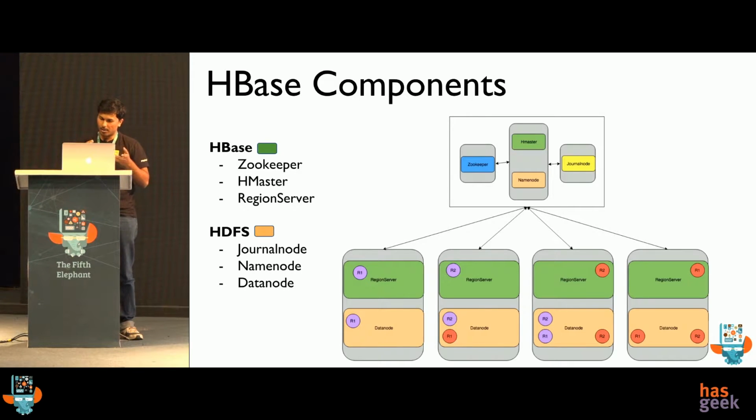Each of these regions is an in-memory representation of the data, and the data in its file format is actually stored in HDFS. So HBase uses HDFS to manage data replication. For example, if you look at the first server box, you can see region 1, and a co-hosted data node holding a copy of it. You can also see copies of it sitting in the other data nodes, totaling 4 purple dots over there.